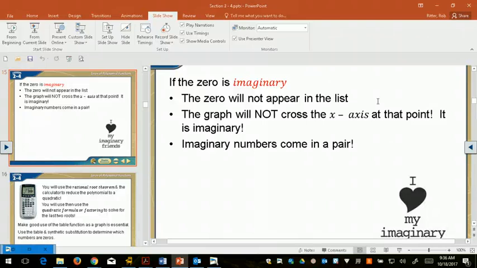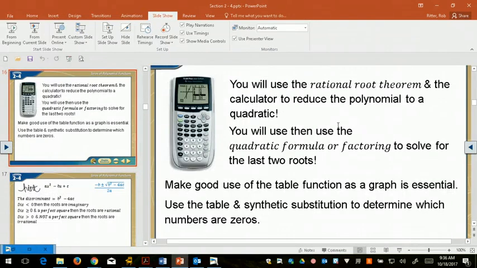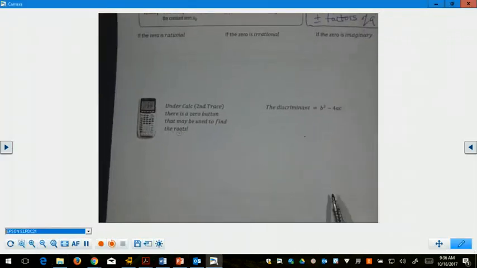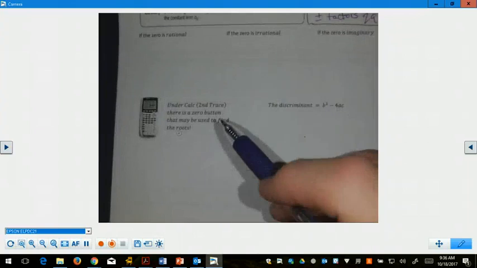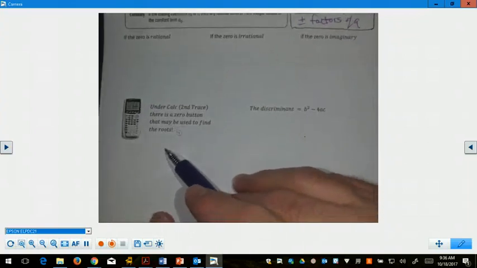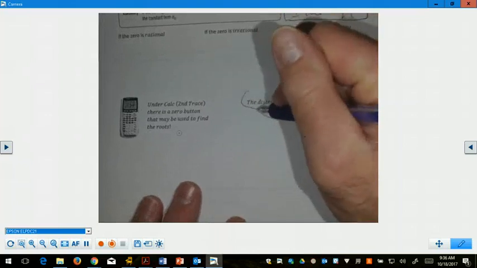All right. In our calculator, there is a trace button. Hold on, let me go back to this screen. Second trace. And we can actually use that to see if we can find the roots. And we can also use the discriminant.